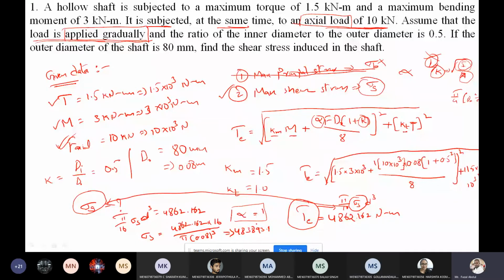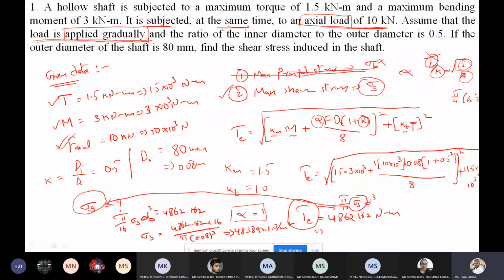Then here in the equation, take the outer diameter. Take it as the outer diameter. Newton per meter square.